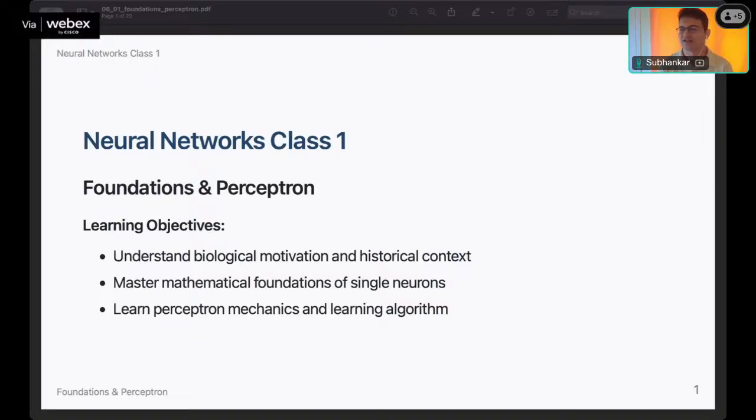Then we'll talk about the smallest possible neural network, the perceptron. Hopefully we will understand how a neural network works through a single neuron, mathematically, and why it does what it does. And what the limitations are that surround it.